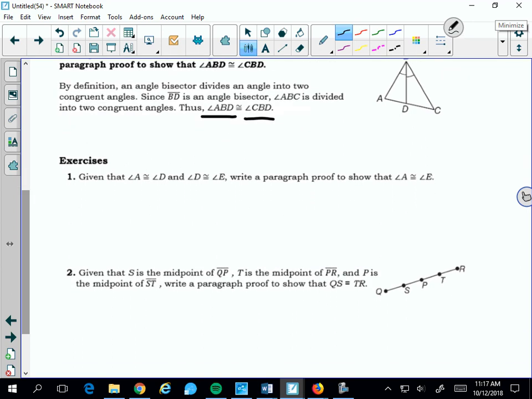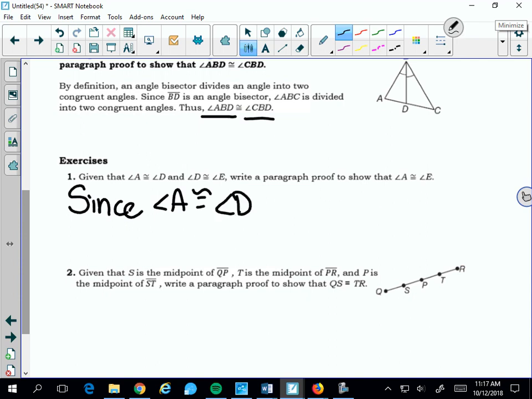So let's take a look at these down here. For example, they give me, my given is that angle A is congruent to angle D, and angle D is congruent to angle E. Write the paragraph proof to show that angle A is congruent to angle E. So, I'll show you what the book kind of wants us to do and gives us. These can get a little bit wordy and you're very detailed.